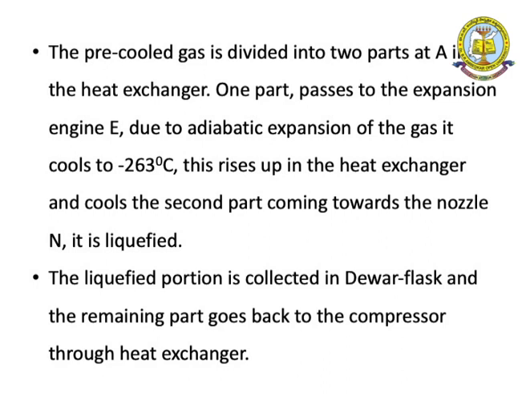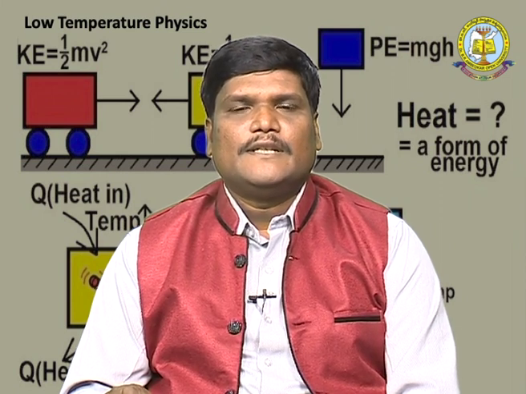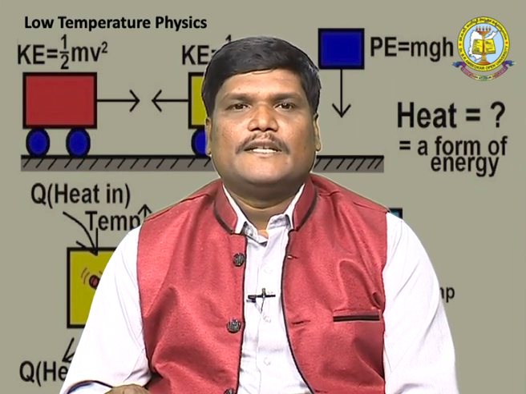This rises up the heat exchanger and cools the second part which is coming towards the nozzle N. So the gaseous state is liquefied. The liquefied portion is collected in the Dewar flask, and the remaining part goes back into the compressor through the heat exchanger.